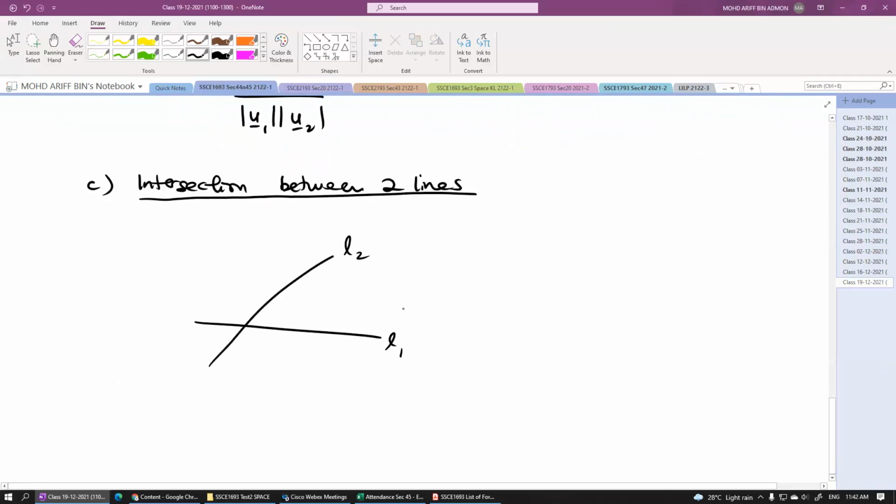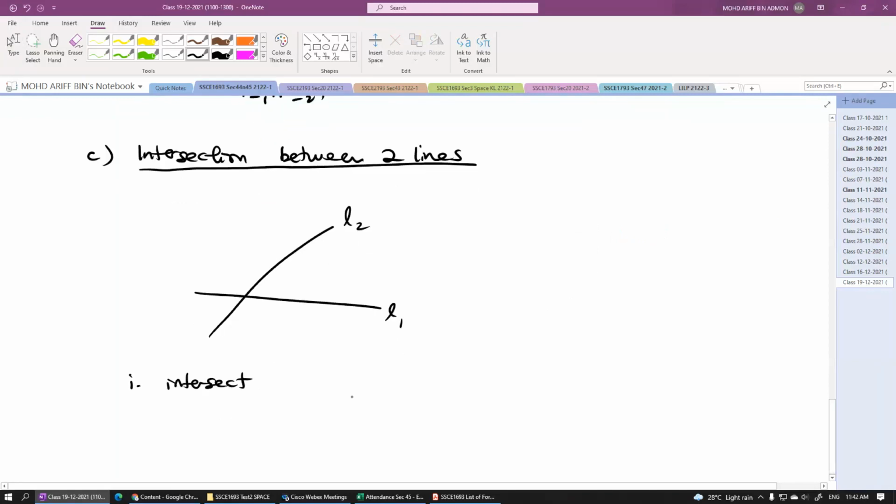So for this intersection, basically we have three sub-cases, the first one is intersect. I'm writing down here. The second one is parallel.